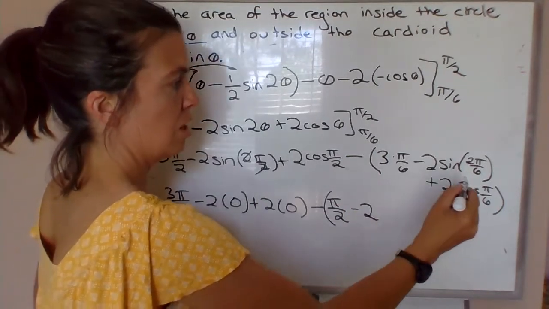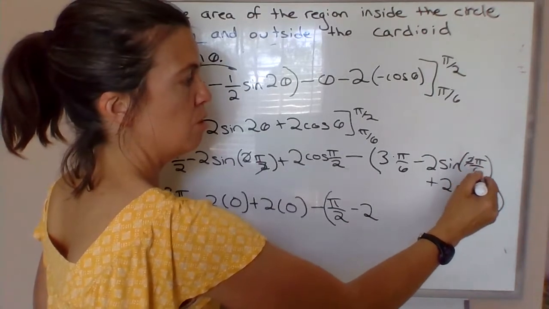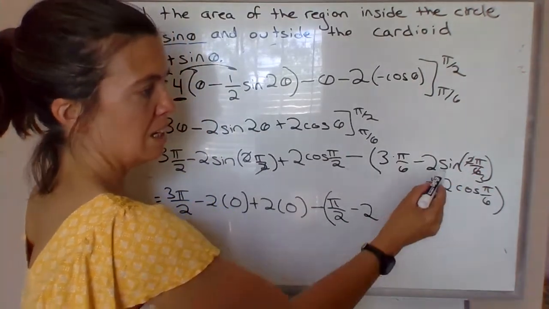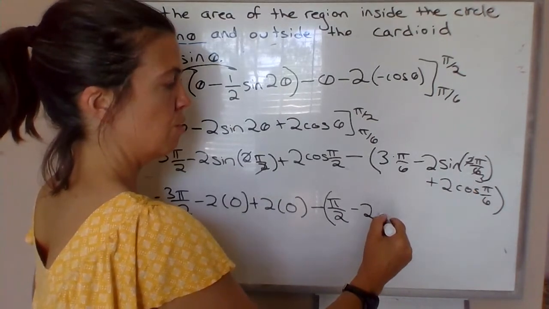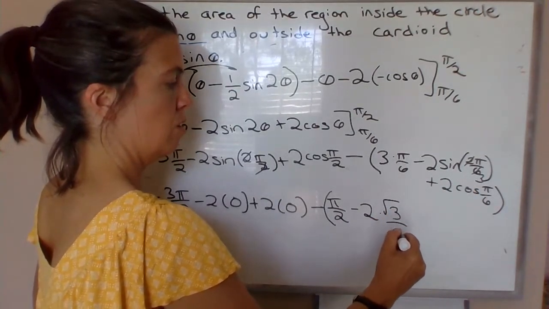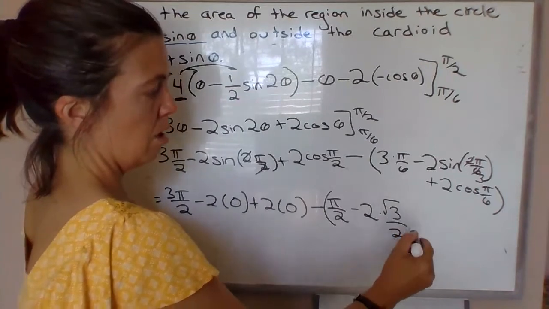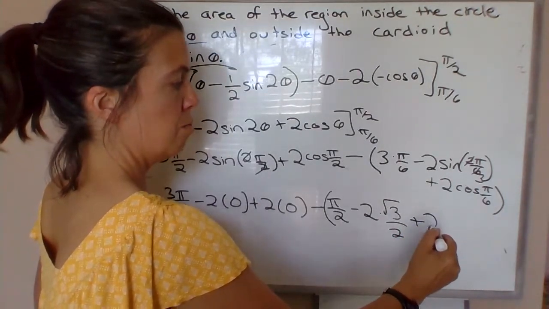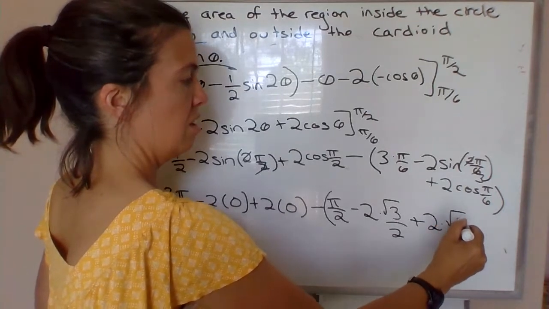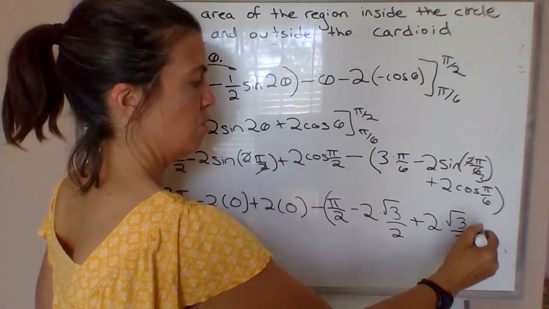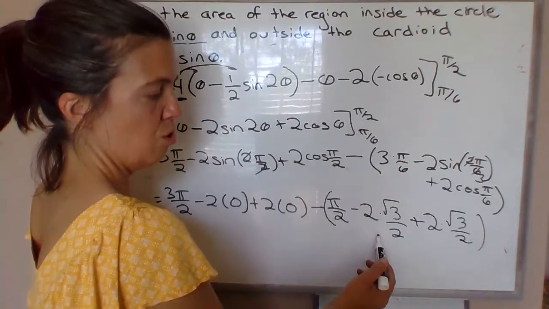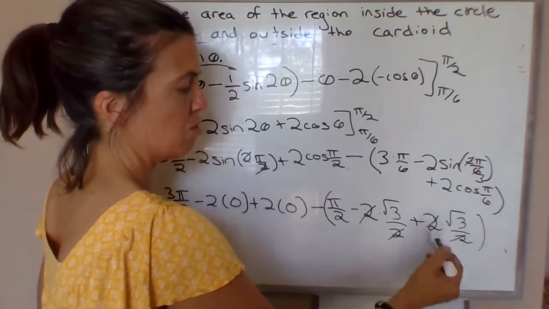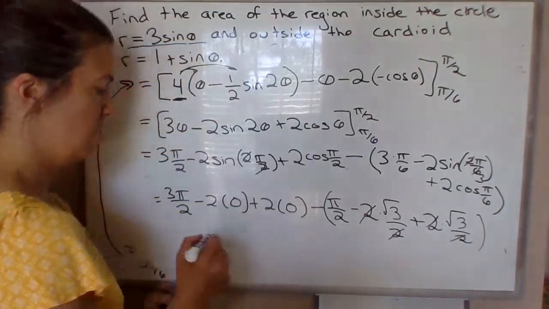Minus 2 times sine of, this will reduce to pi over 3. And sine of pi over 3 is the square root of 3 over 2. Plus 2 times cosine of pi over 6, which is the square root of 3 over 2. So minus 2 times the square root of 3 over 2. Well, here, minus square root of 3 plus square root of 3, these are going to cancel out.